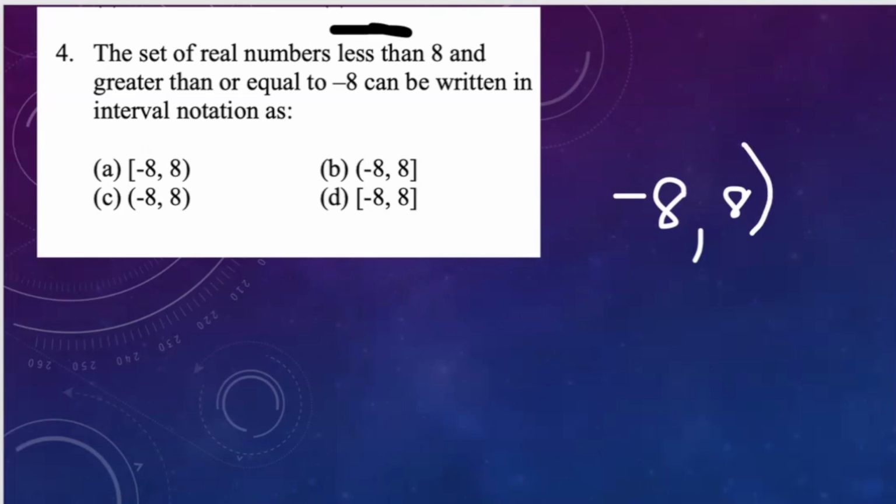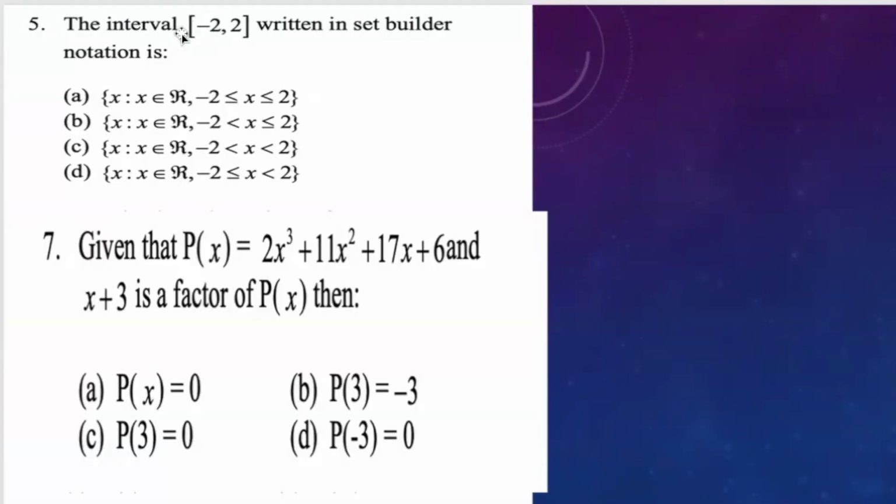While for this part, you have it greater than or equal to. So for the next side, I will have a square bracket because of the word equal to. So looking at what I have, my answer will be A. So the interval -2, 2, where we have square brackets in both of these. Given that we have two square brackets, it means it's going to be equal to.